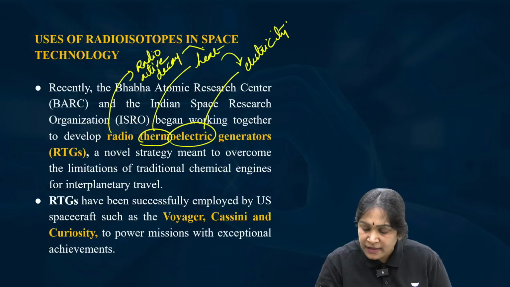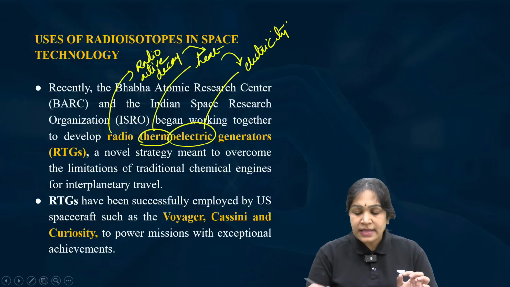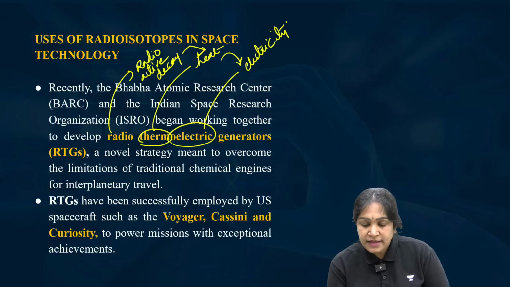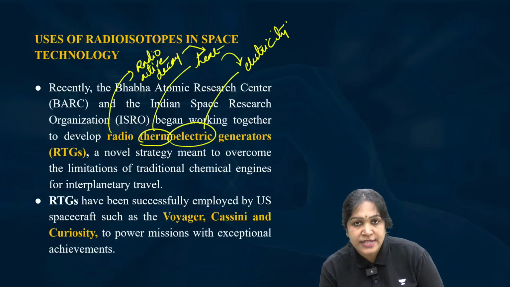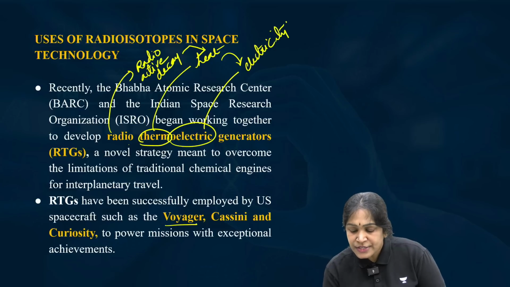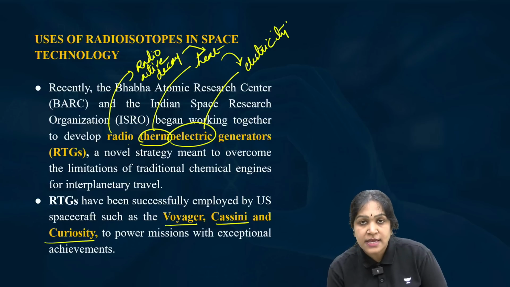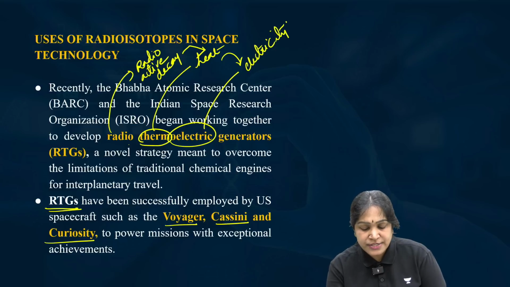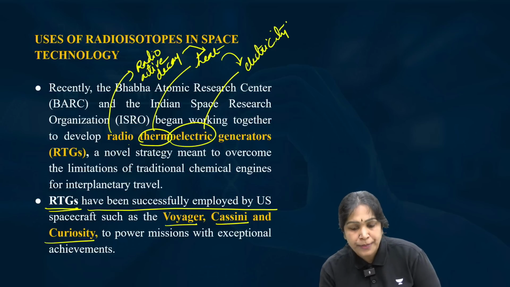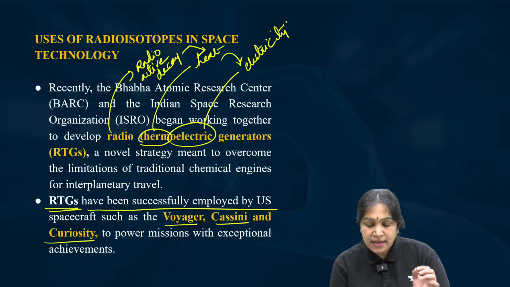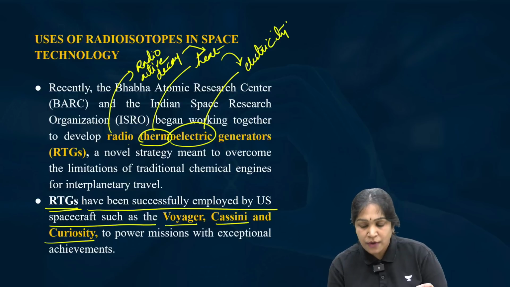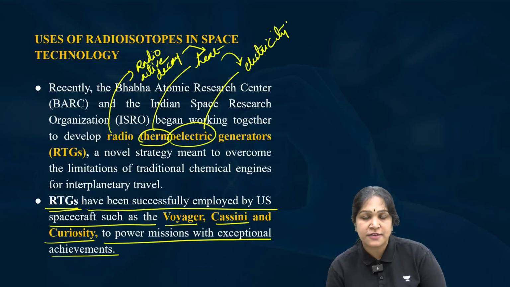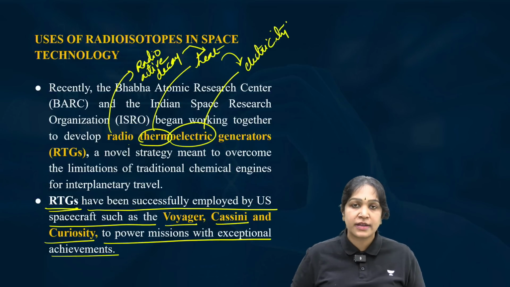Radioactive decay will release the heat, and the heat is converted into electricity. So therefore we call them radiothermoelectric generators. Voyager, Cassini and Curiosity are spacecrafts with RTGs. Radiothermoelectric generators have been successfully employed by United States spacecraft such as Voyager and the Cassini rover to power the missions with exceptional achievements for a very long duration.